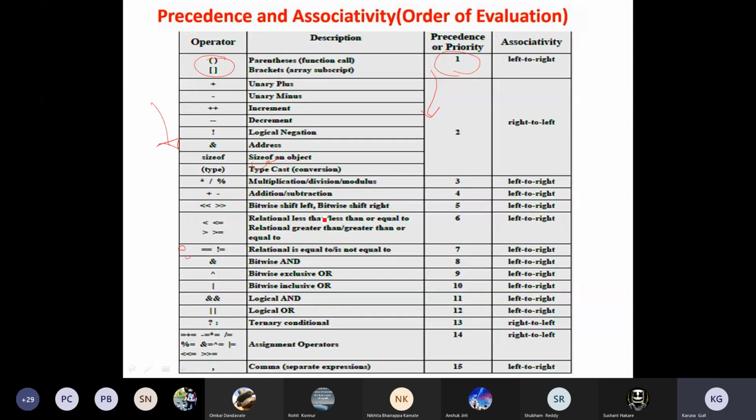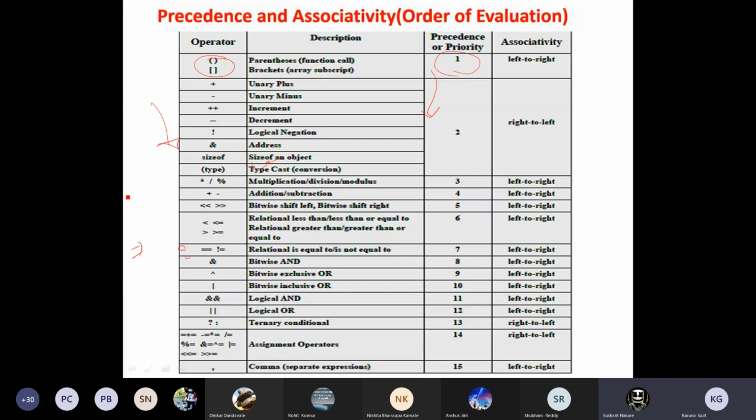You applied the DMAS rule, no? Division, multiplication, addition, subtraction. Almost a similar kind. Whenever an expression is given to you, how do you evaluate it?